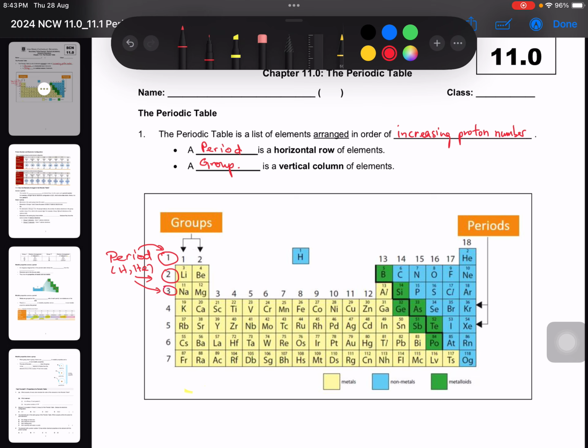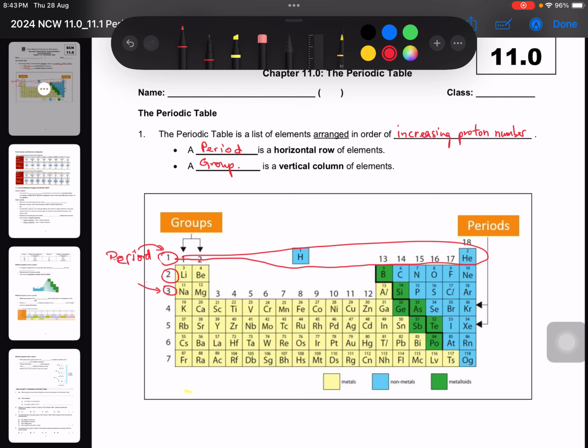Okay, period 1, which is this one. People always forget period 1. Okay, the hydrogen and helium is period 1.